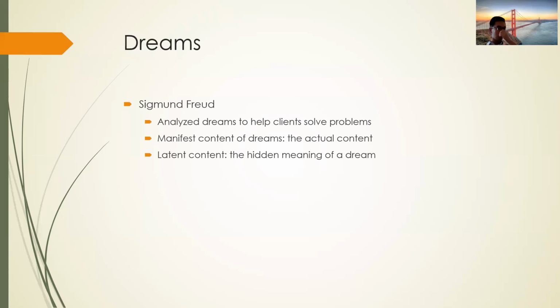Those dreams do not occur totally randomly. Actually, they have hidden meanings behind them. The hidden meaning of a dream is the content in the unconsciousness, and it helps us know what happened in the unconsciousness.